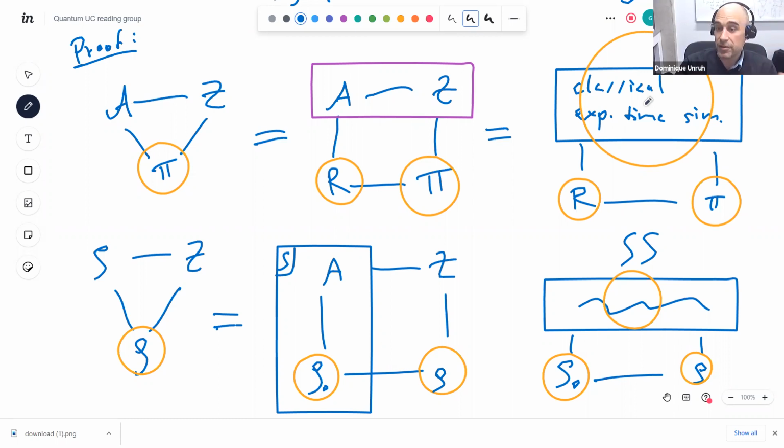I don't know if there are variations of UC where what you raise might be an issue. There are various variants of UC which one could investigate also in the quantum setting, but none comes to mind.